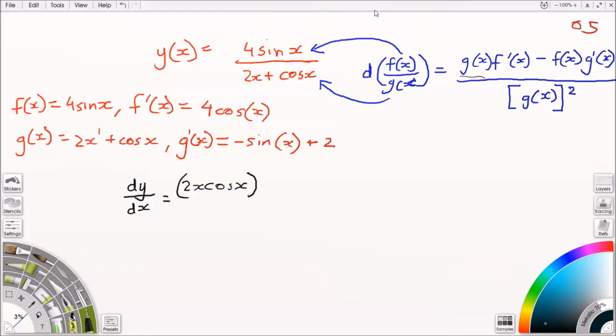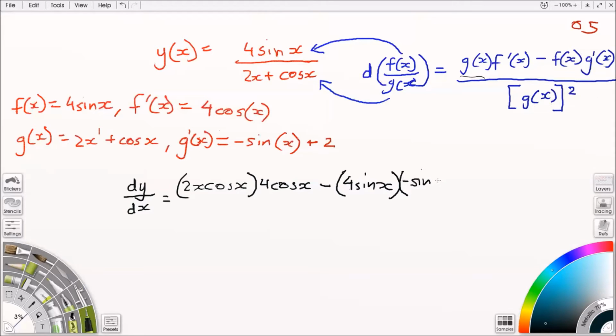And then the next term is the derivative of f of x, which is 4 cos x, and then minus f of x, 4 sine x, and then the derivative of g of x, which is negative sine, which I'm going to put in brackets as we're multiplying them.